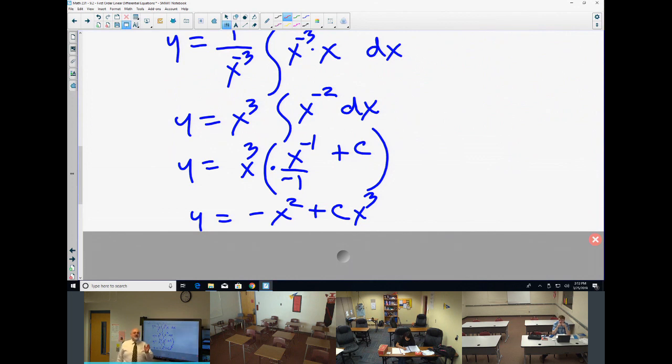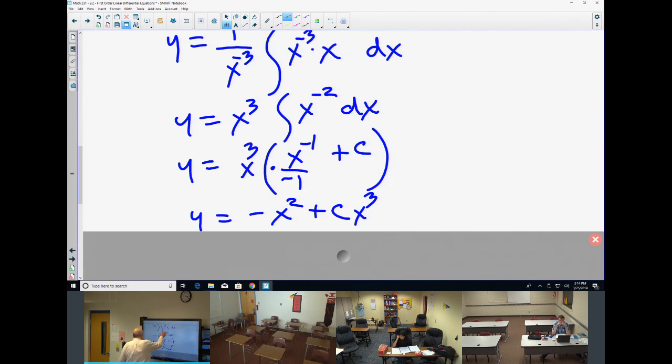Now, let me just state this, that this part of the integral has a plus c in it. Then when we distribute the 1 over v of x, we're going to have to distribute it to the c here too. So the problems that we've done with integrals up to this point, we just worked it out and slapped the plus c at the end. But here, we're at the second to last step when we're doing the integral.